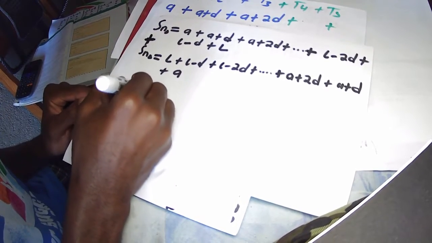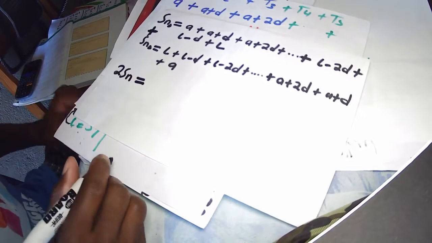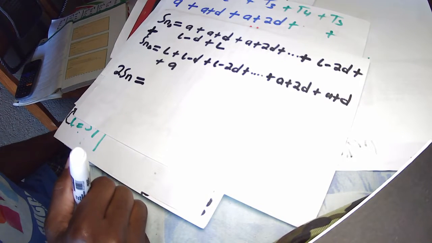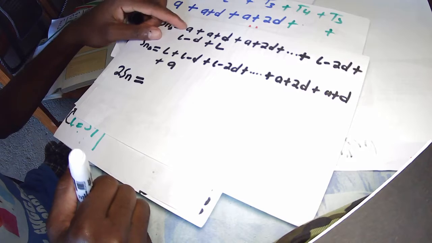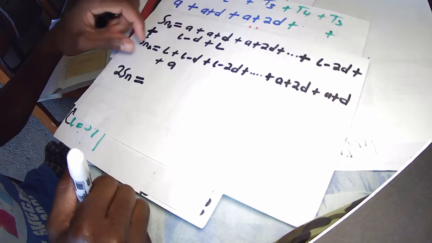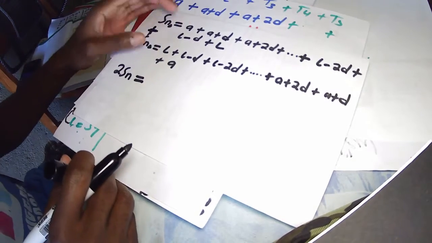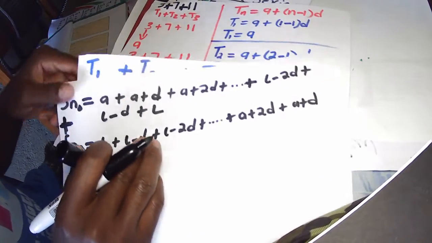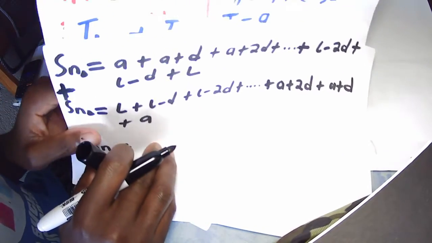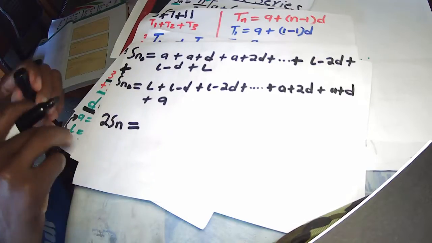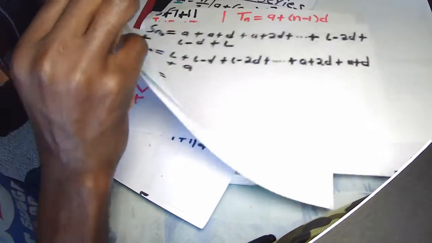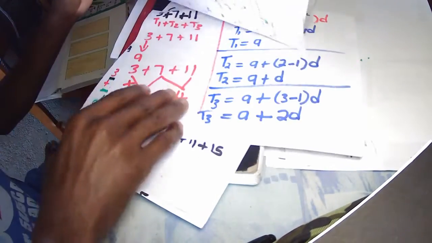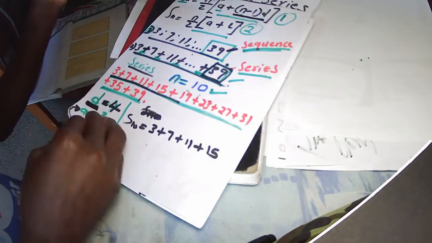It is 2Sn is equal to, and from here we need to add these terms like we did on, let me get that paper to show you what I'm about to do here.